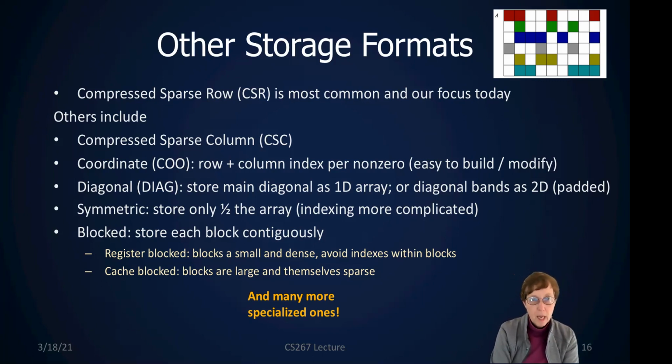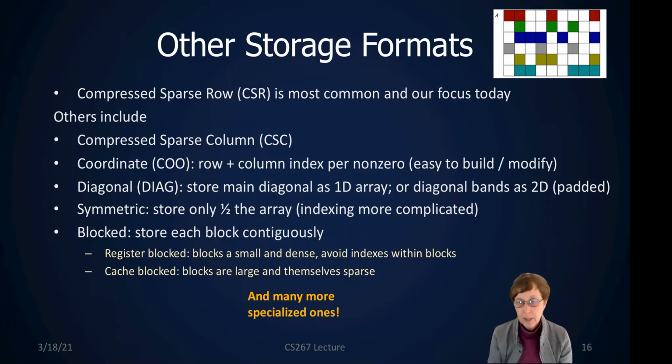Now we can also take advantage of symmetry, but then also blocking. There are a couple of different kinds of blocking that we'll talk about. One is register blocks, where the blocks are very small and dense. There will be all non-zeros in there, or in some cases we'll even fill in explicit zeros so they have the same size.